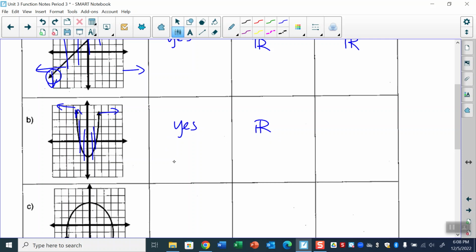And then my range, well, it is bottom to top, right? So the bottom number is right there. That would be -2. So range is going to be y, and it's a smiley face, right? So greater than or equal to, because it goes up forever. So y is greater than or equal to -2.